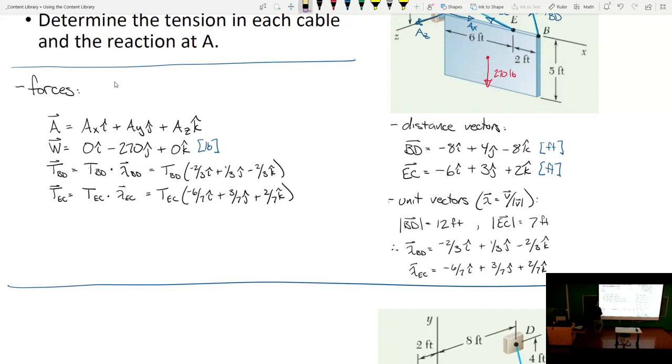And what we have identified specifically is the number of unknowns that we need to deal with. I propose that the unknowns are 1, 2, 3, 4, 5. Those are our unknowns. We have a system with 5 unknowns, but we actually have 6 equations of equilibrium.